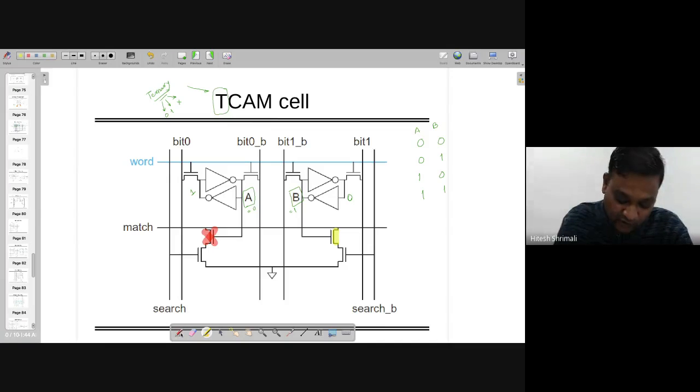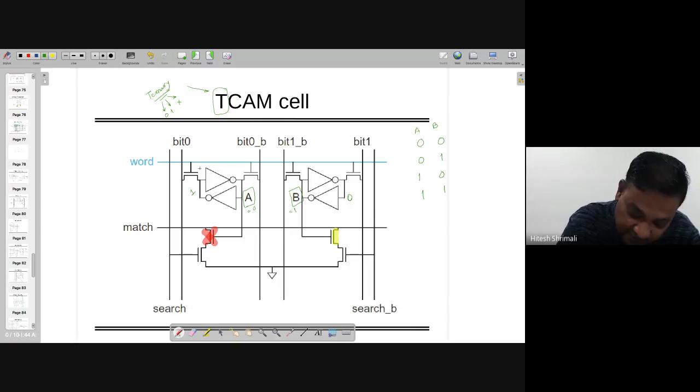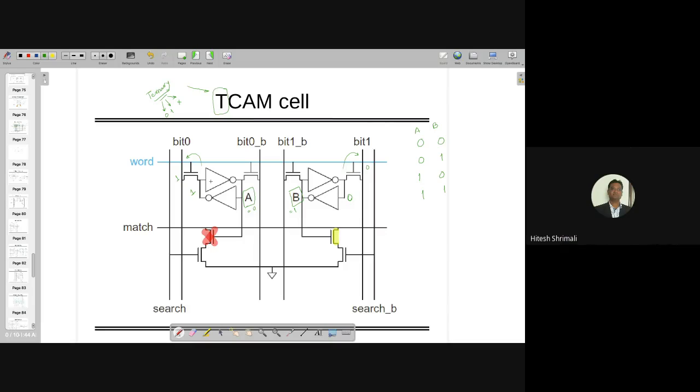Now the whole thing depends on what you want to search. Note one more important thing before going to this: if this is 1, this has to be 1, and if this is 0, this has to be 0, because there is a switch and it has been designed such a way.